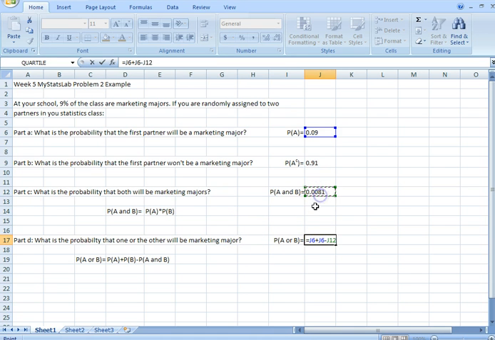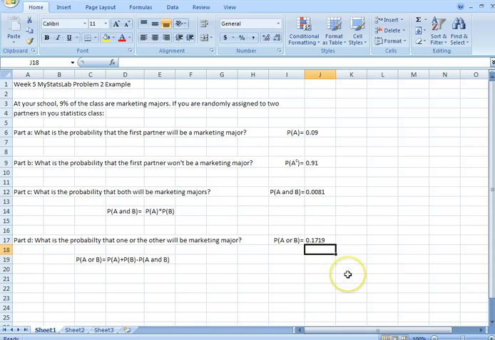So let's click on that cell, enter, and there we have it. The probability that one or the other will be a marketing major is 0.1719, 17.19%. There we have it. That is the solution to all parts of problem 2 example.